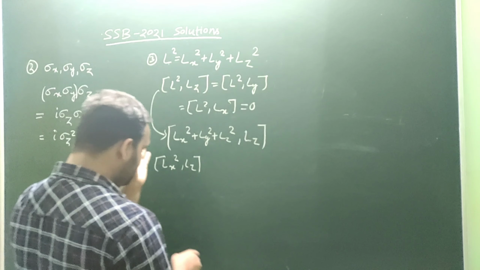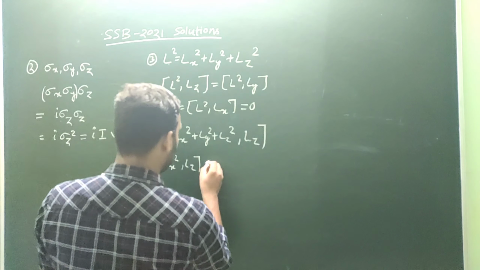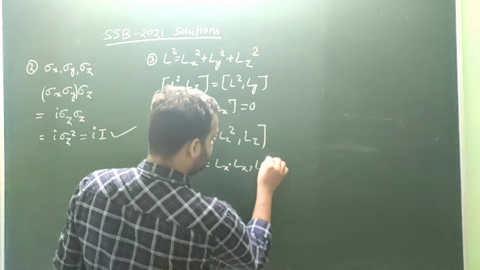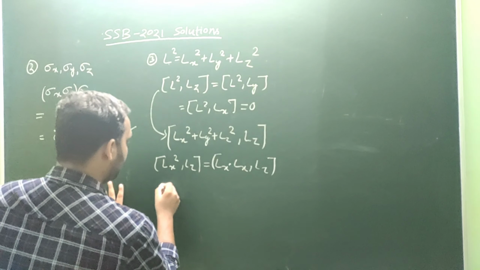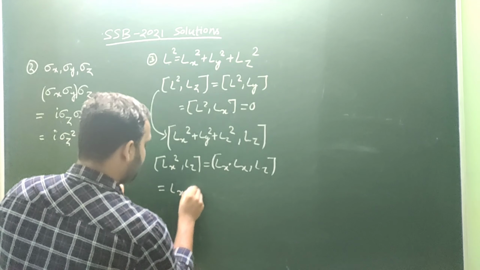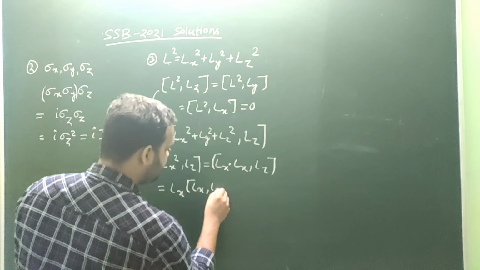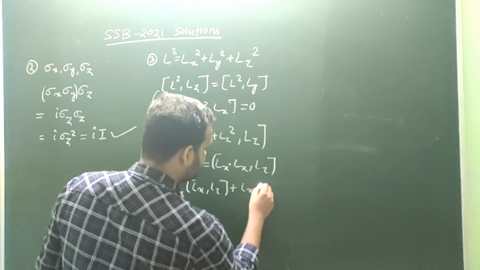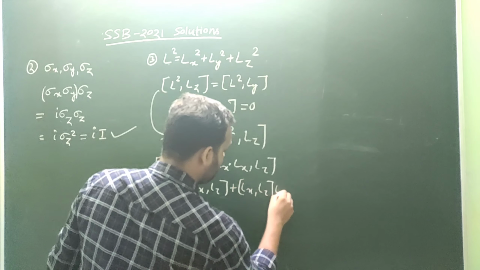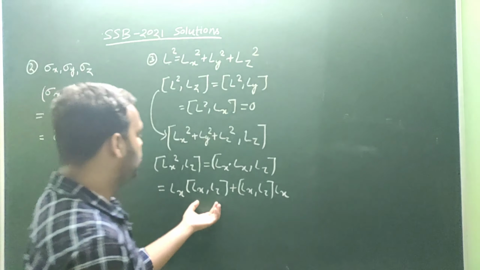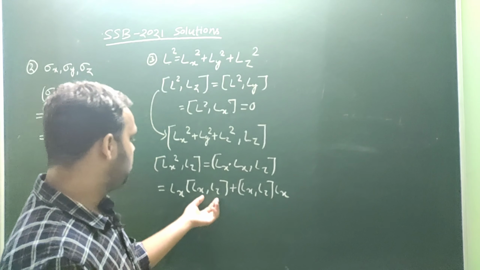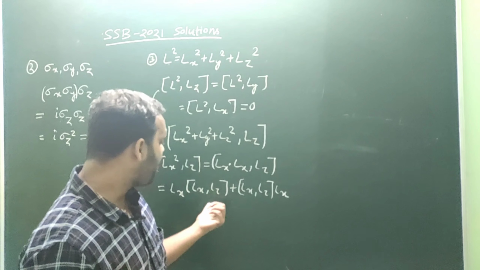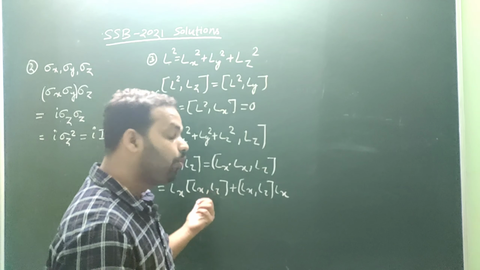Now apply this product rule. Take it as Lx into Lx Lz and find out Lx Lz, then take this to the right hand side plus Lx Lz Lx, and you can do simply the commutation of these things, like Lx Lx Lz gives you minus i h cross Ly.